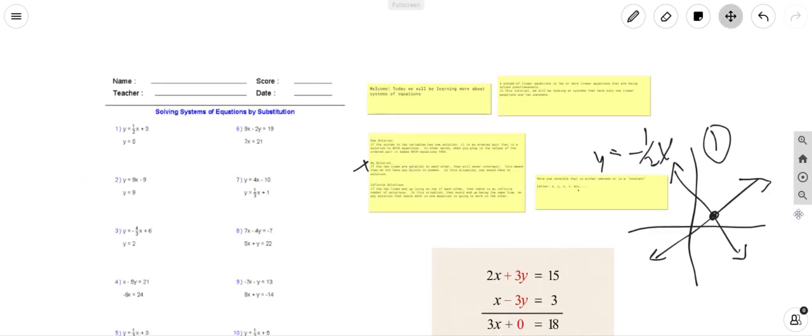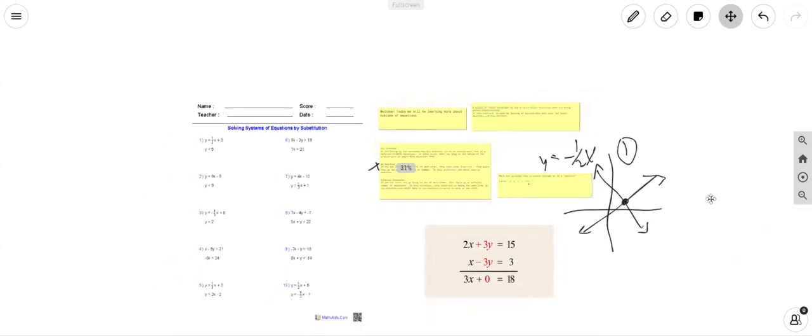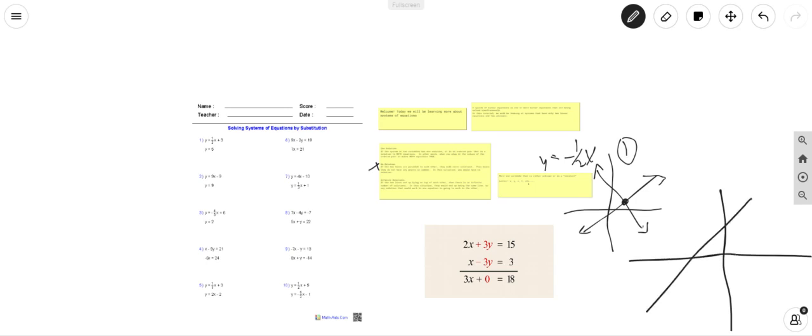For lines to be parallel, they'd have to have the same slope but different intercepts. Here, let me do another example. So the lines would look something like this. This is a symbol I'm using to show that they're parallel.